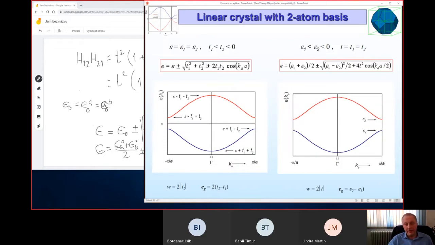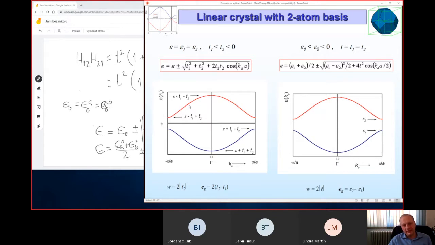In fact, in both cases, in the first case where the energies are the same, but the transfer integrals are different, which corresponds to the so-called cooperative atomic displacement, the equidistant atoms form molecules, or they are approached or moved away from each other.